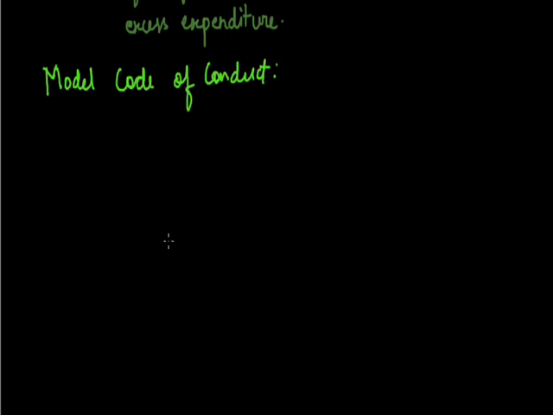In this code of conduct, it is mentioned that the political parties cannot use any religious place for their election propaganda. They are not supposed to use any government properties or government resources for their promotional purposes.